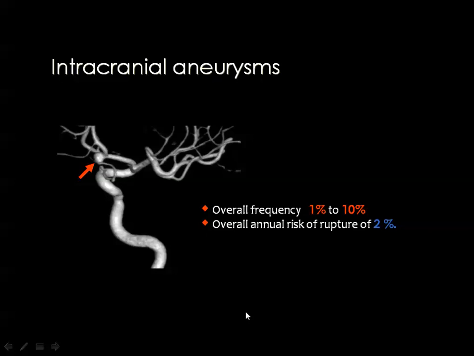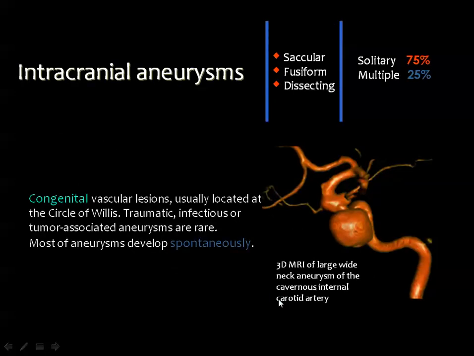Starting with the intracranial aneurysms, and this is the overall frequency, which ranges between 1 to 10%, and the annual risk of rupture is about 2% of the intracranial aneurysms. We have three main types of intracranial aneurysms, which are the saccular type, the most common, the fusiform, and the dissecting type.